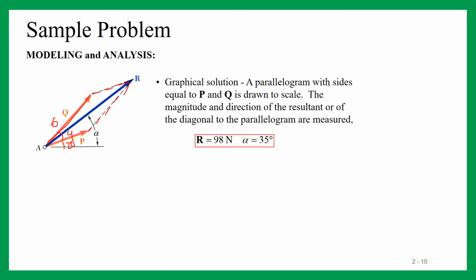Now you can draw the diagonal, and you can measure this angle alpha and this length. When you measure this length, you will find the length will be 9.8 if you have drawn in centimeter scale. So the answer will be 98 Newton, and this angle will be 35 degrees.